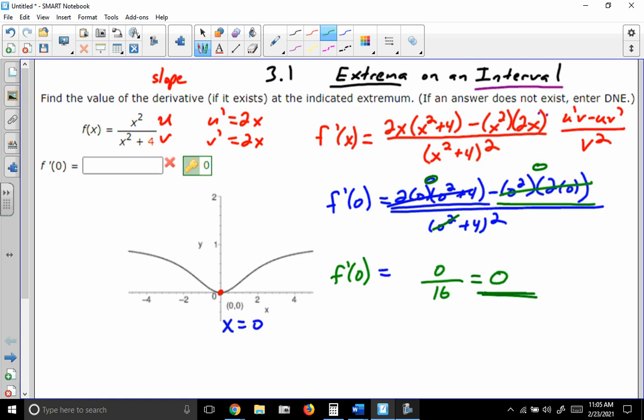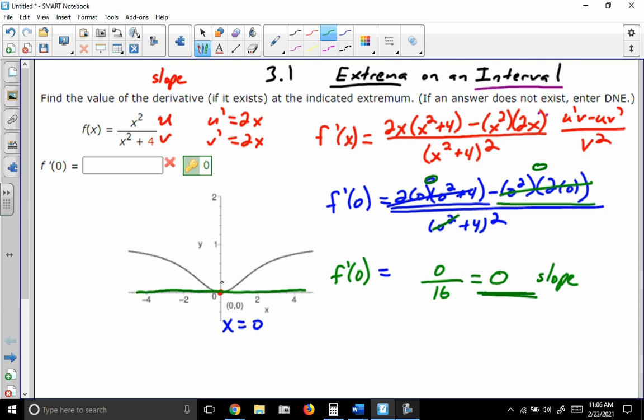So remember, again, what does the derivative tell us? It tells us the slope. So at our extreme point, our slope is 0. Notice if we draw a tangent line through that point, we have a slope of 0. So that's typically what happens.